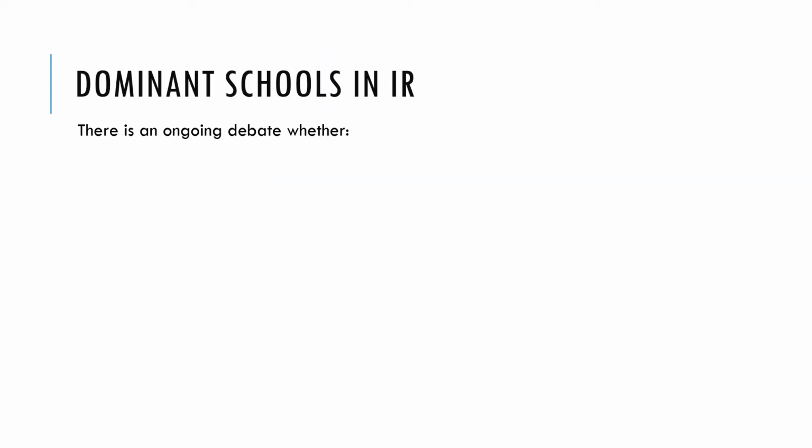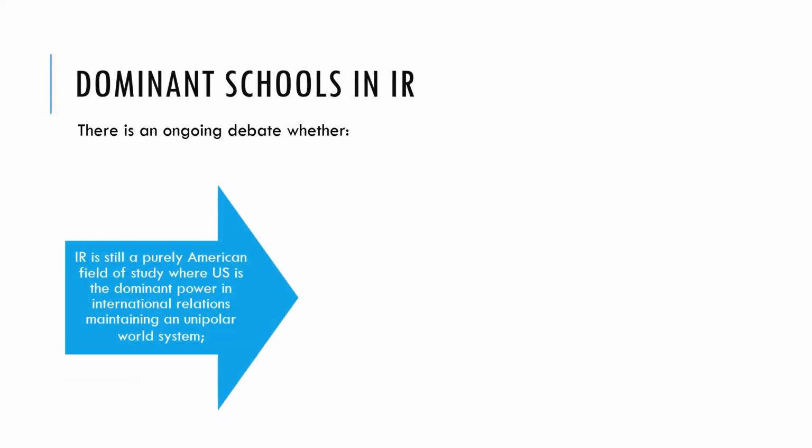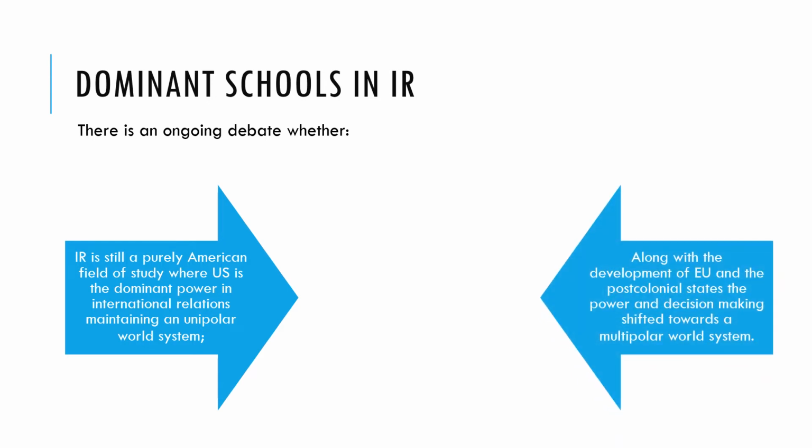We have two major schools of IR. There is an ongoing debate whether IR is still a purely American field of study, where the US is the dominant power in international relations and still maintains the unipolar world system, or whether the focus of IR as a field of study has shifted.